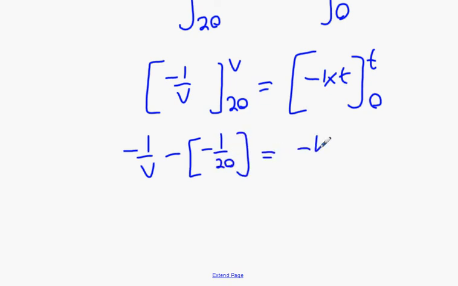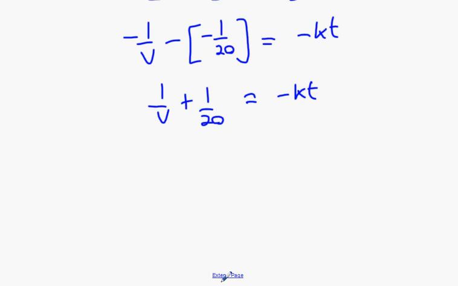Equals minus kt. I'm going to isolate v, so it's 1 over v plus 1 over 20 equals minus kt. Now, that's a minus 1 over v, by the way. Multiply both sides by minus 1. Get rid of that.